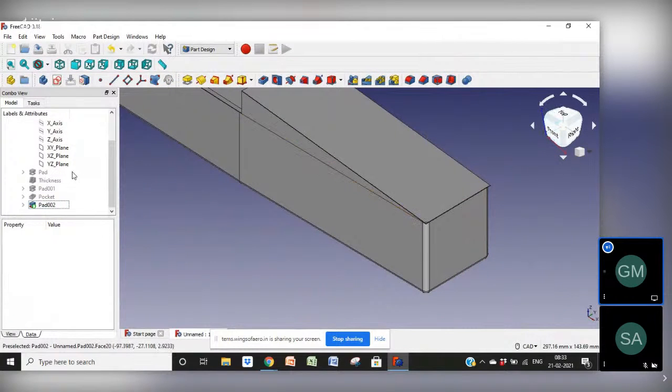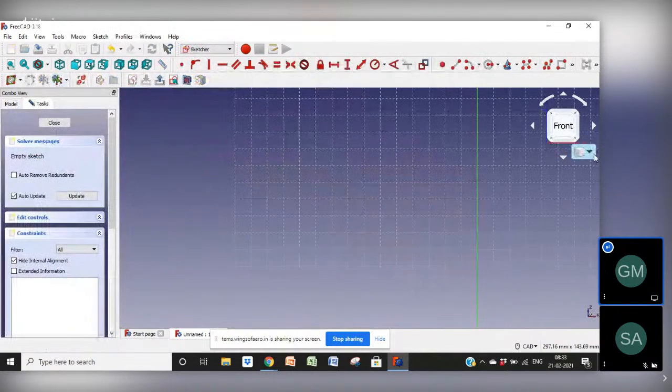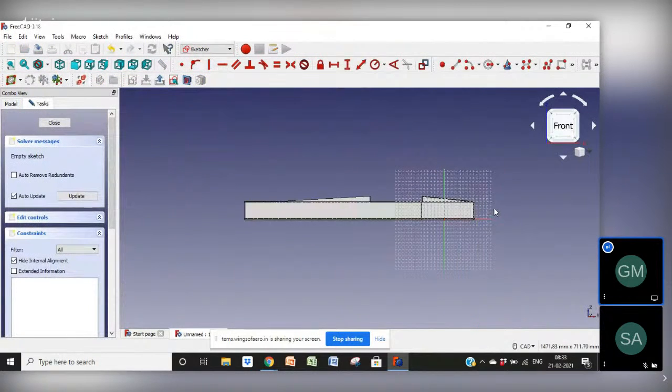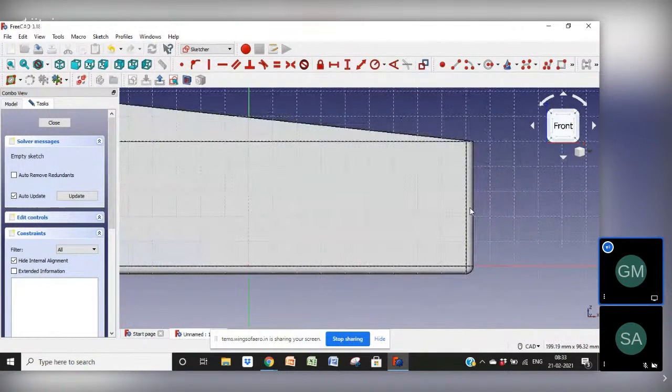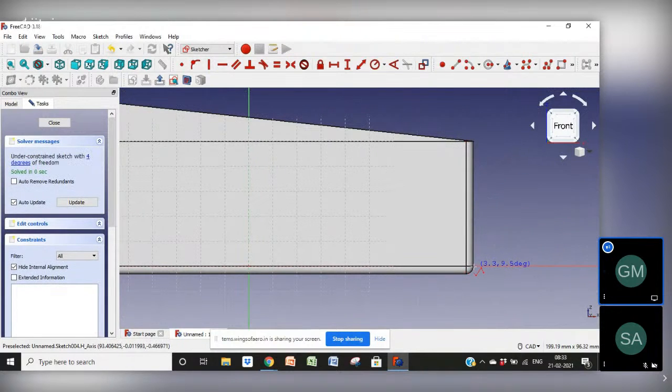I'm going to choose again this XZ plane and sketch over it. I will choose polyline here to here and here, making an angle and joining it back here.